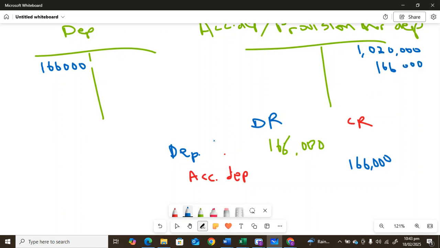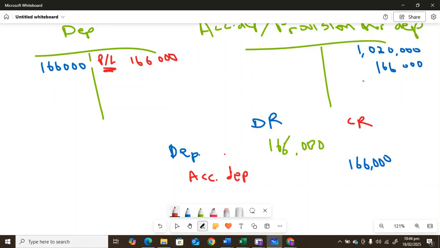So when the year ends, you close the depreciation expense account, you credit it here, 166,000. Here we're taking it to the statement of profit or loss. That's why I've put PL here. Sometimes the statement of profit or loss can also be taken as a T account. This amount appears on the debit side of the statement of profit or loss, meaning it's just going to be amongst the expenses.